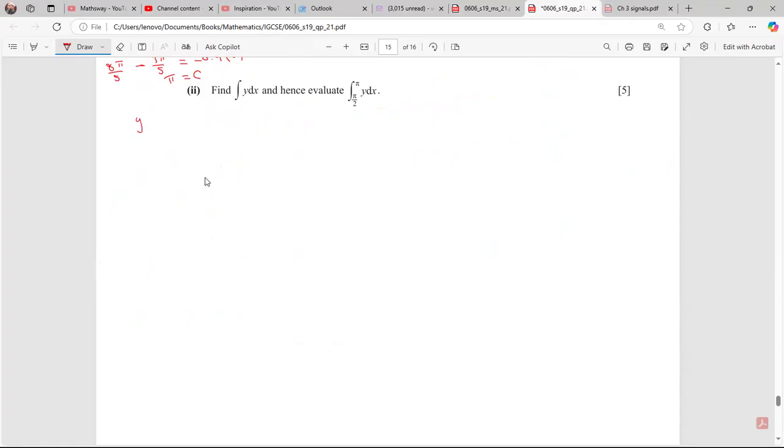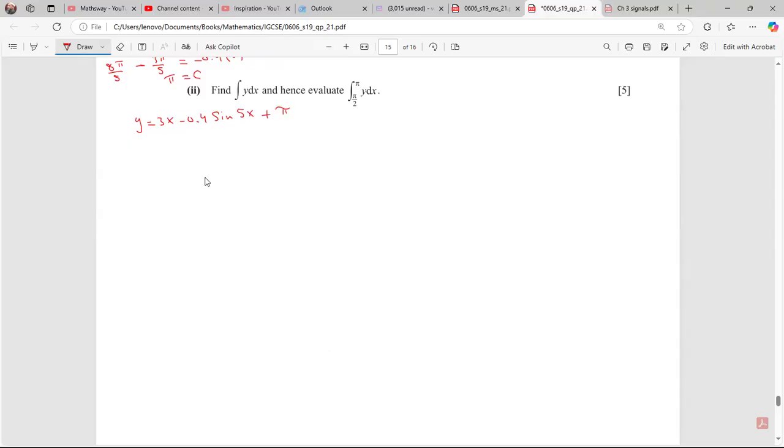Remember what was y equal to? We found it as 3x minus 0.4 sine 5x plus pi.